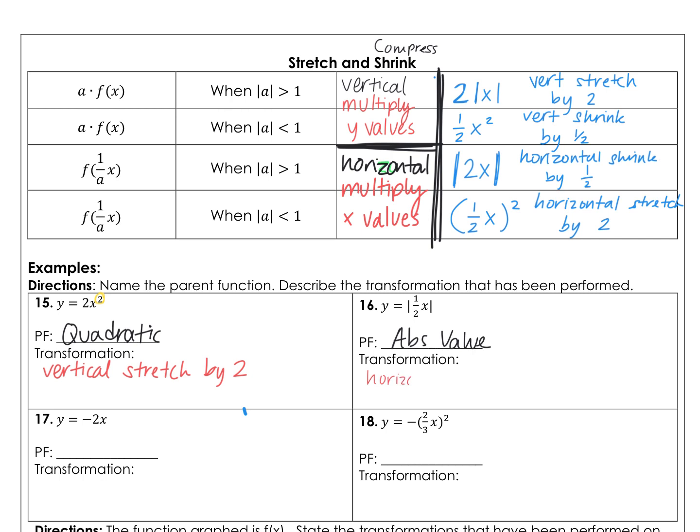You would think it would be a shrink because it's a number less than 1, but inside is a liar. So it's actually a stretch by its reciprocal. Not 1/2, but by 2, which means that I don't have my rubber band. If these are my points, then they get stretched. My x values will get multiplied by 2, which you'll see in a second.